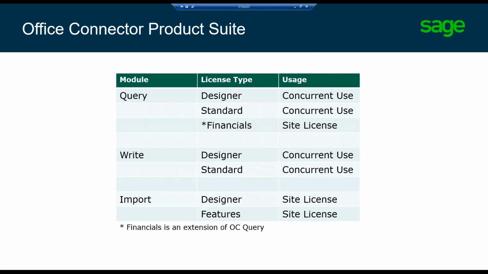A write designer could allow you to say, I want to positively impact my human resource interaction with payroll, so I don't have to manually type things in. Whereas with a standard license, you'd have to use a template that was already created for you or by someone in your office who has a designer.